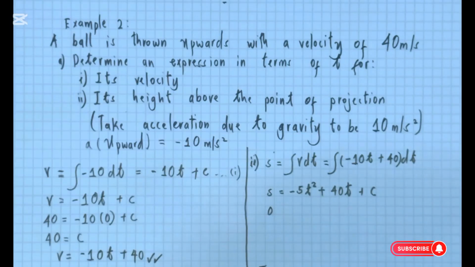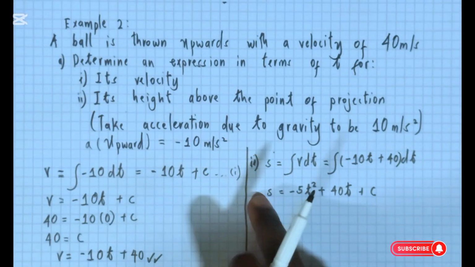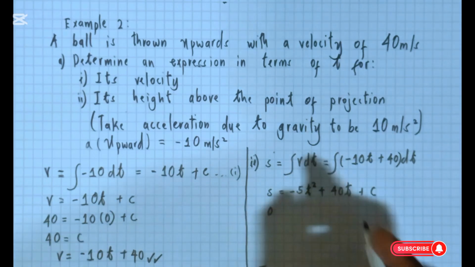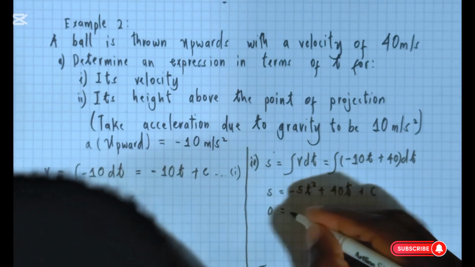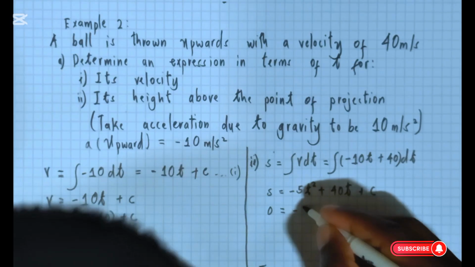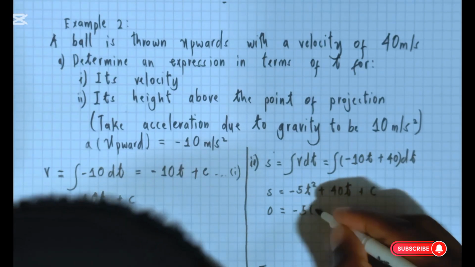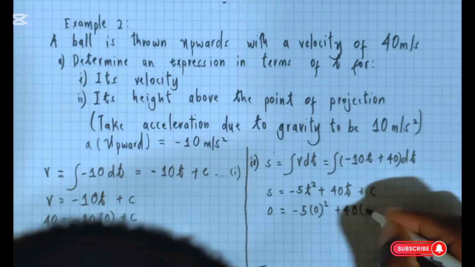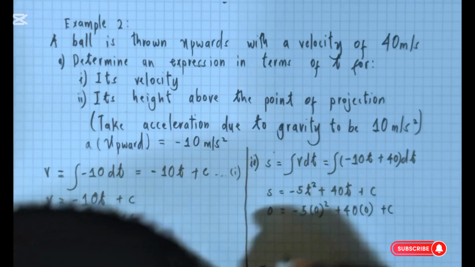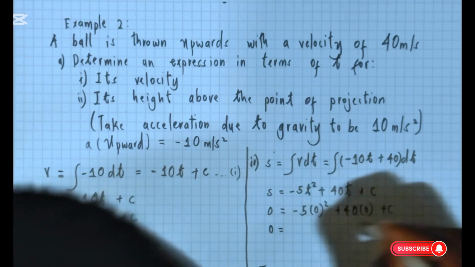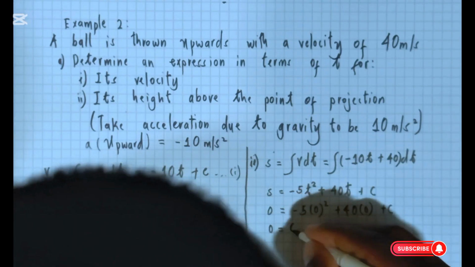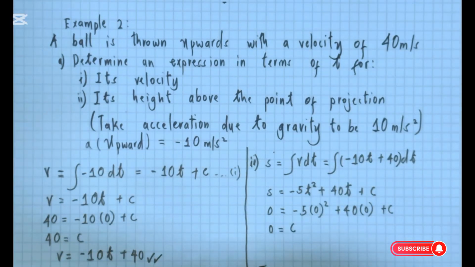So s equals 0 and t equals 0, and therefore we use these values in this expression to find the value of c. So we have 0 equals negative 5 into 0 squared plus 40 into 0 plus c. This means 0 equals 0 plus c, so the value of c will be equal to 0.